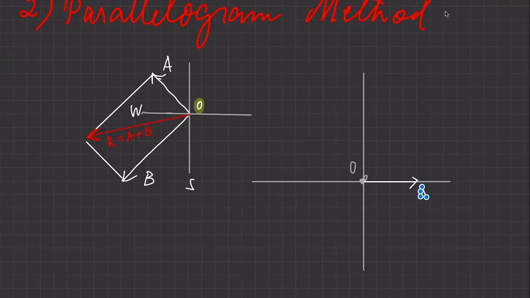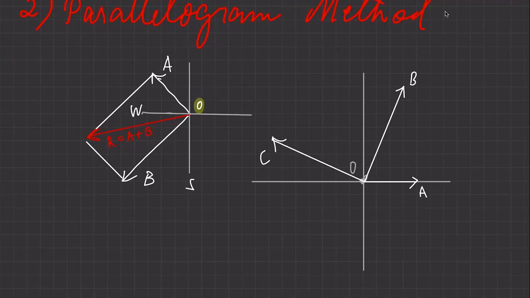That's your vector A. And let's say you have another vector B, again from the origin. And let's say you have another vector C. So it's a little bit more complicated now. So this is your vector C. This is your vector B. Okay, so there are 3 vectors here.